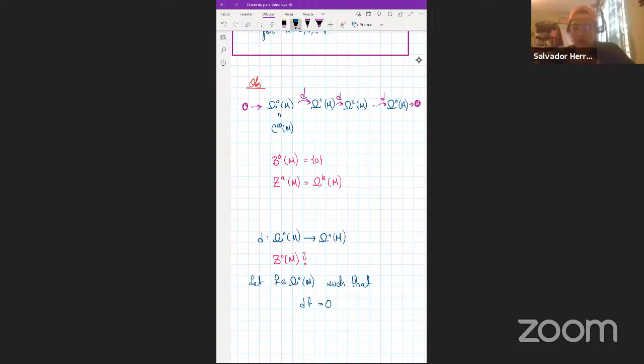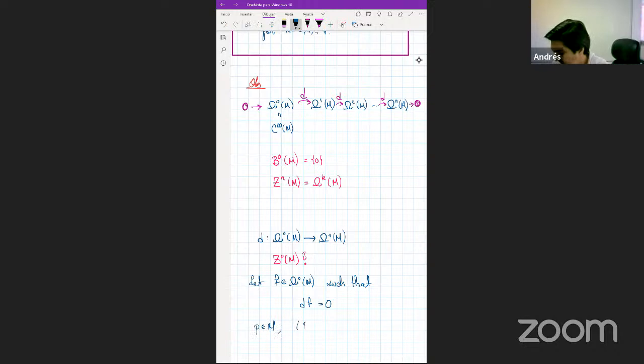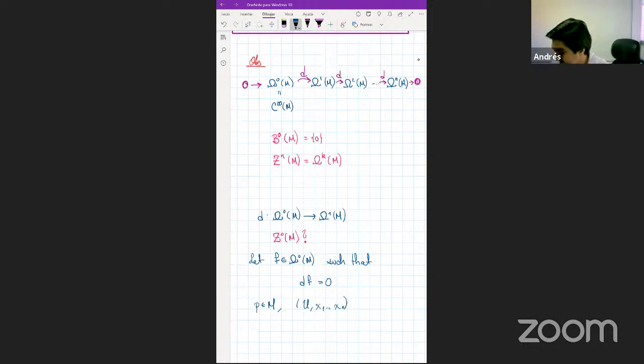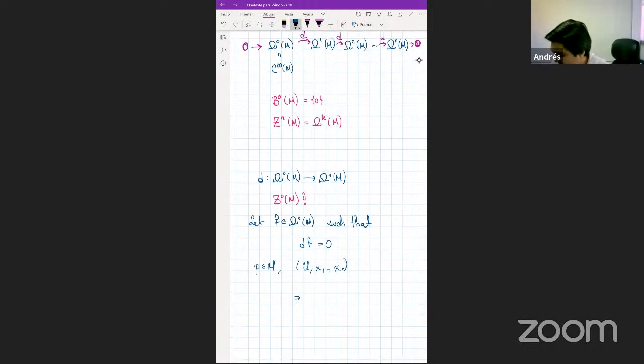So we can choose a point and try to see what's going on. In that point, I have a chart, and relative to that, we know that it is so in all of U, right?